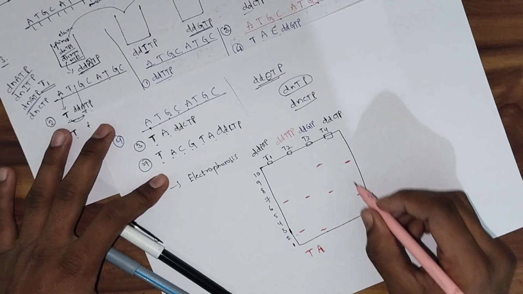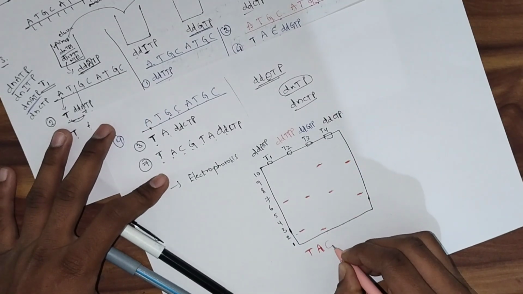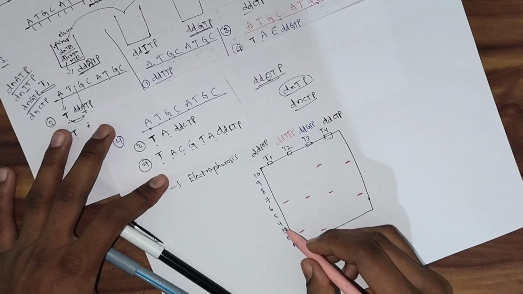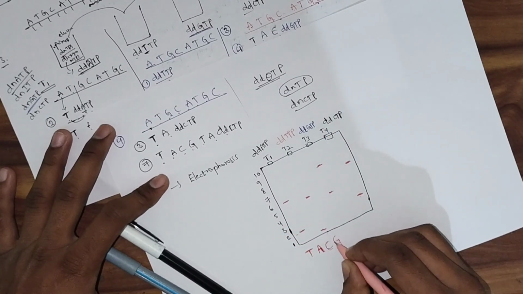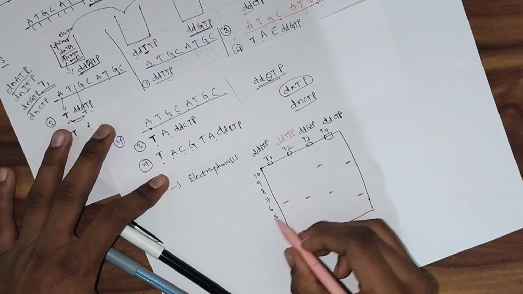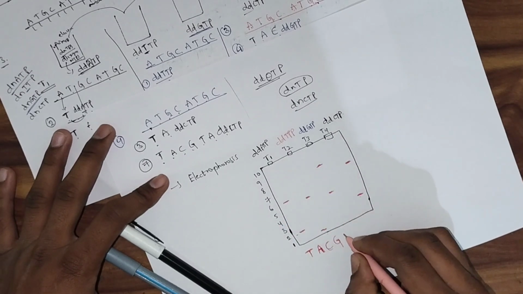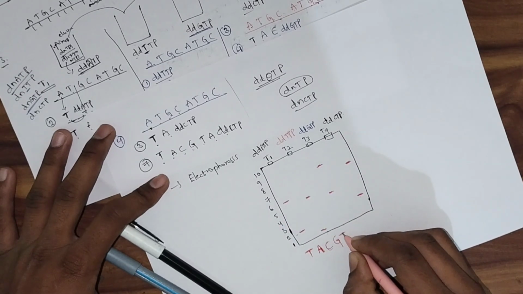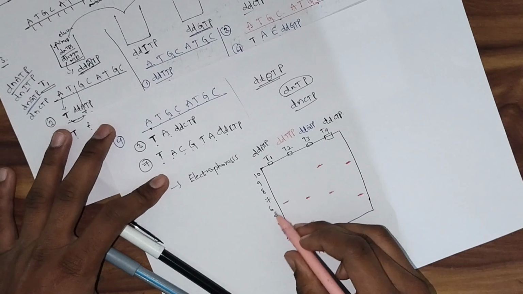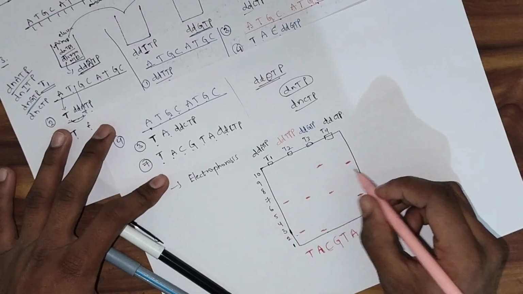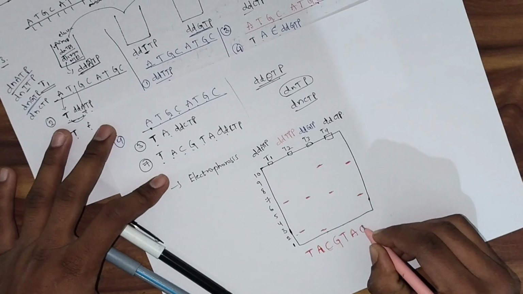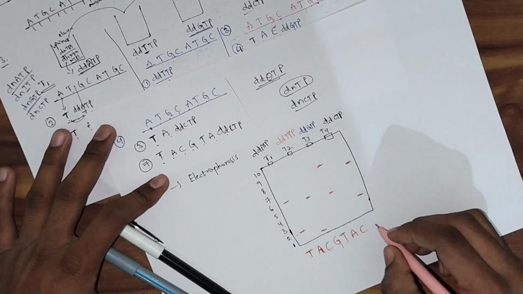Third number is cytosine. Fourth number is guanine. Fifth number is thymine. Sixth number is adenine. Seventh number is cytosine. Eighth number is guanine.